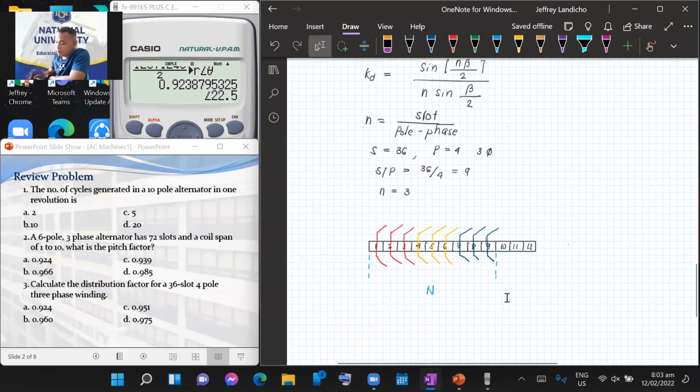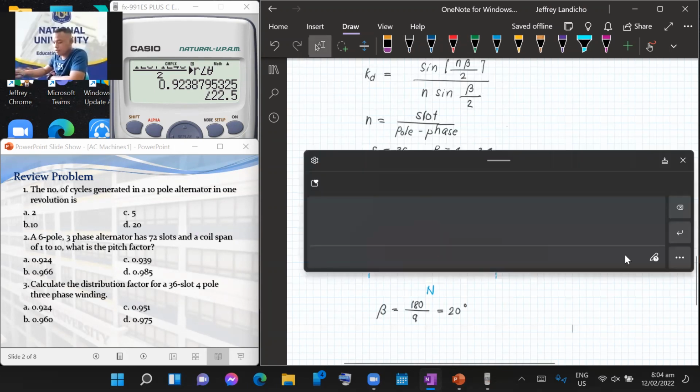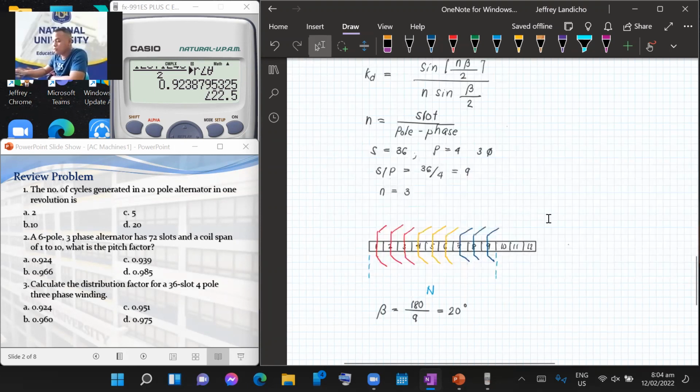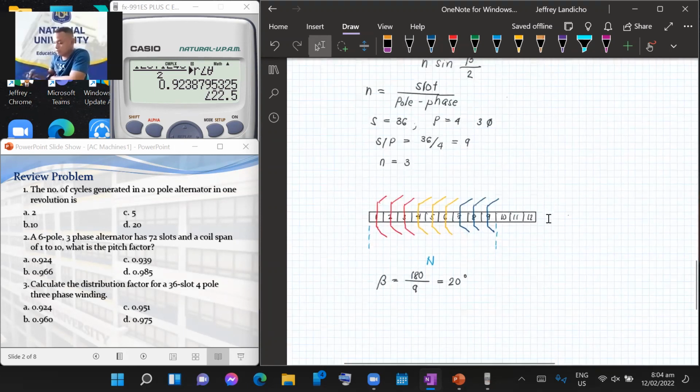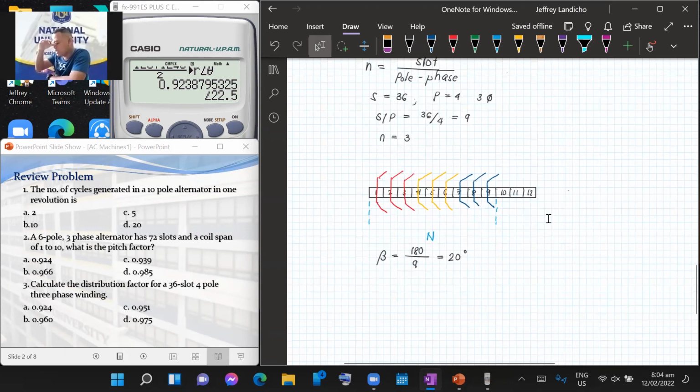So therefore, we can compute now the number of beta. So you have 180, i-divide natin din sa ating voltage, which is 9. So equal yan, no? 20. So every slots here, no? Every slots here covered by 20 electrical degree, or that is equivalent to 20 electrical degree.